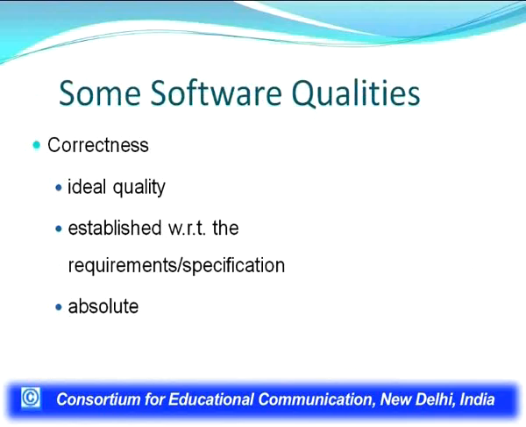Another software quality, as we mentioned in the beginning, is correctness. It should be an ideal quality established with respect to the requirements and specification.